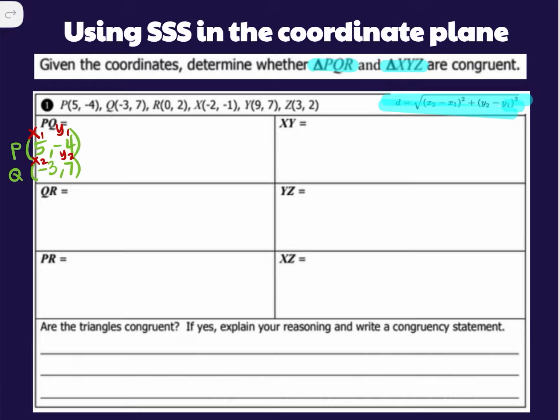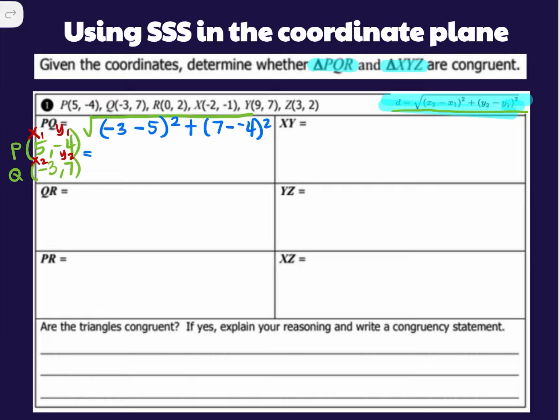Then we substitute in the formula. First we put the square root symbol, and we've got x sub 2, which is -3, minus x sub 1, which is 5, to the second power, plus y sub 2, which is 7, minus -4, to the second power.